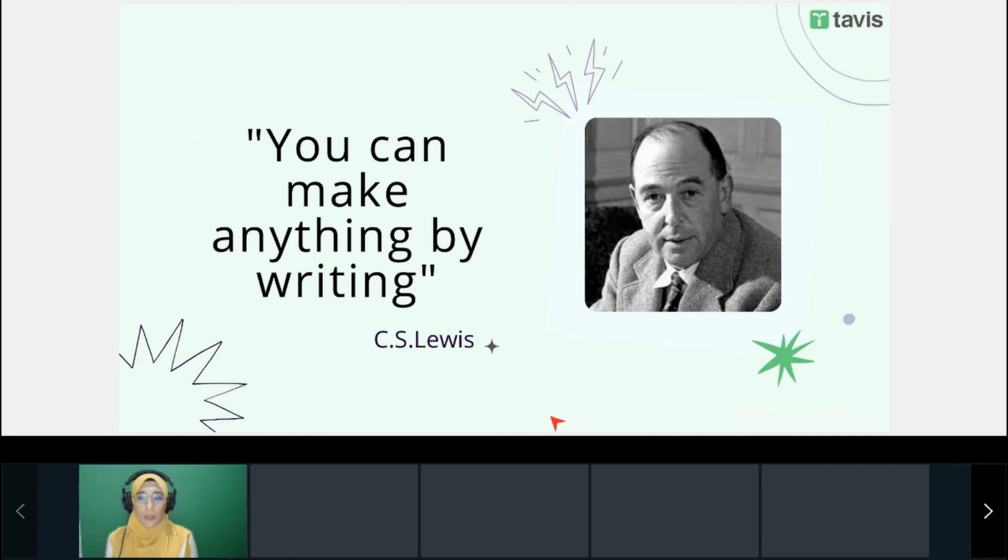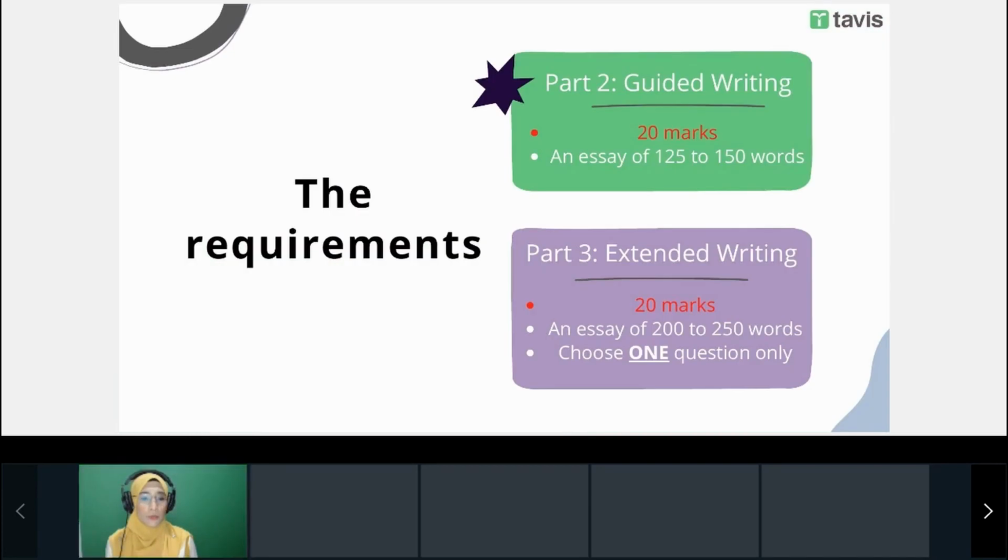Now, what are the requirements for your part 2 and part 3? Part 2 is guided writing, where you have to write an essay of 125 to 150 words.